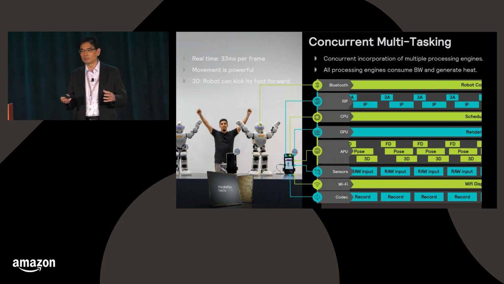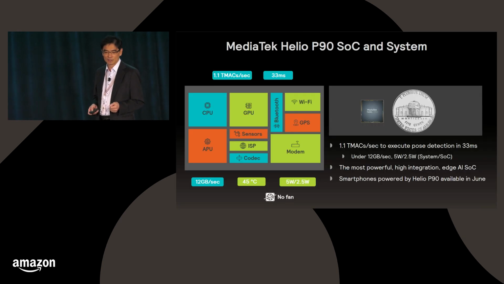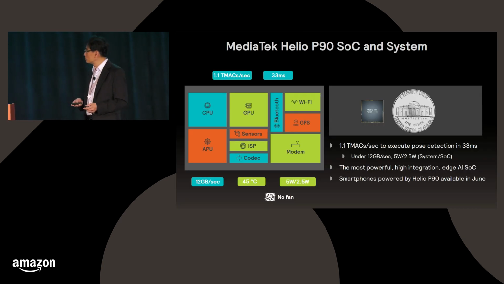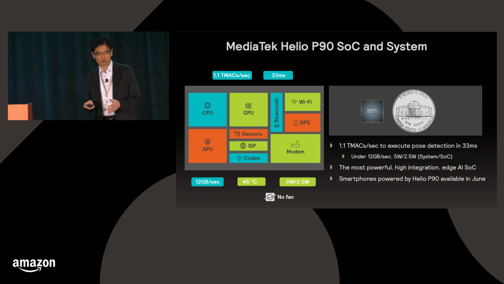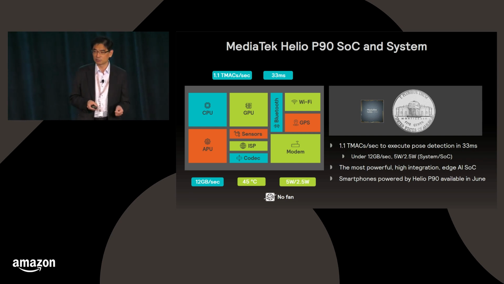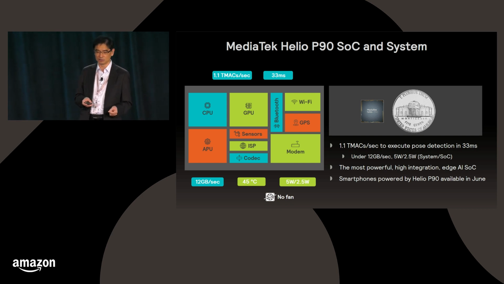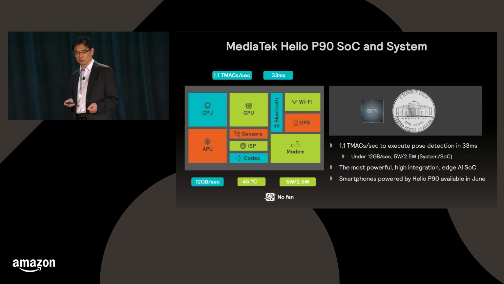However, the smartphone itself is very resource constrained. In this chip, it needs to provide 1.1 tera MACs per second to get the pose detection algorithm done within 33 milliseconds. It also needs to integrate all these important processing engines, including CPU, GPU, definitely APU, 5G modem, Wi-Fi, and so on in this chip.